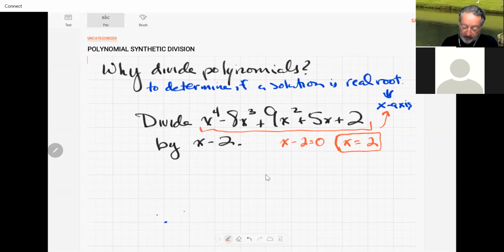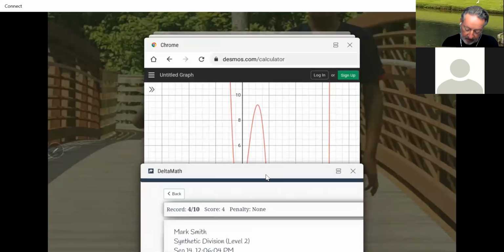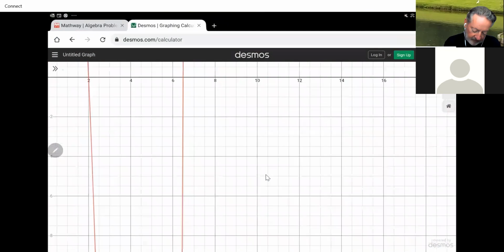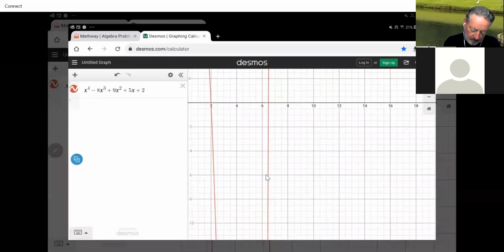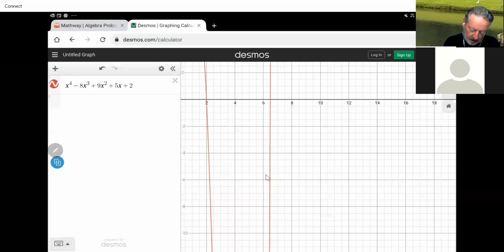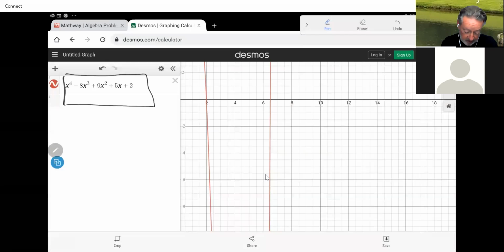Another way to find out is to graph it. And this happens to be a graph of that function. Here's the function over here. I put this in Desmos, which is a great graphing calculator, and I hit enter.